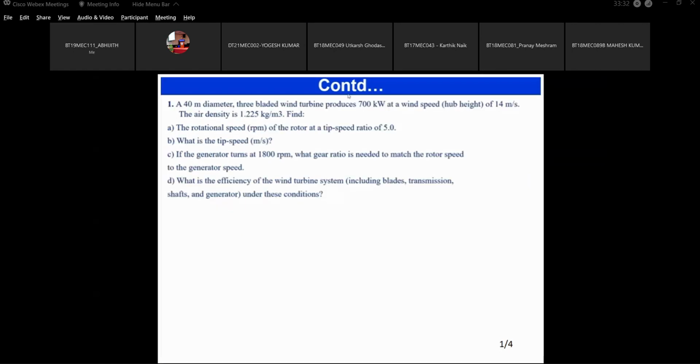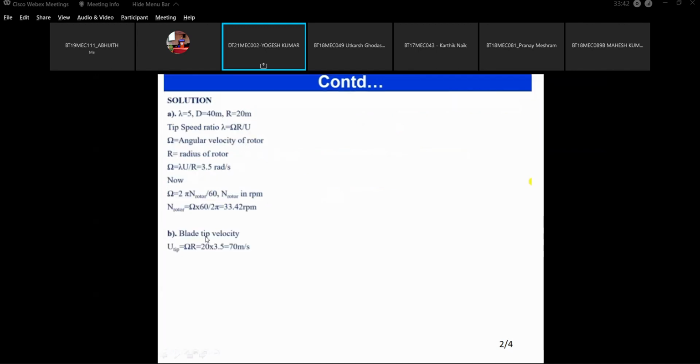So now in part B, what is the tip speed in meter per second? We know the formula for blade tip velocity, u tip equal to omega into r, and tip speed ratio lambda equal to omega r by u, blade tip velocity divided by free stream velocity.